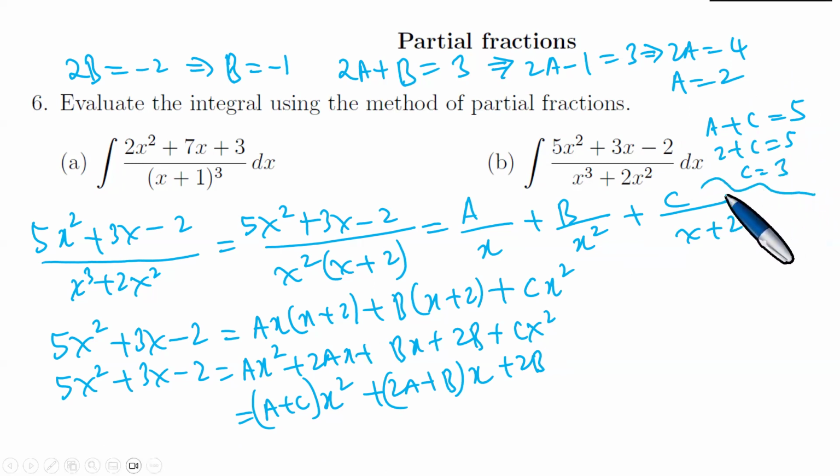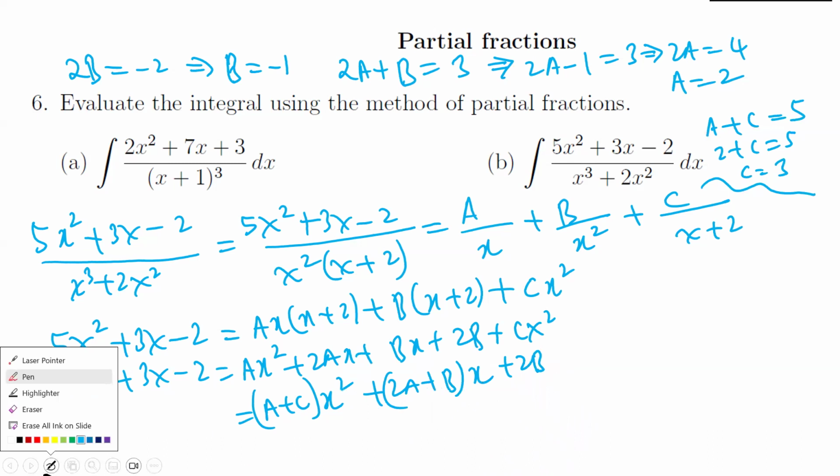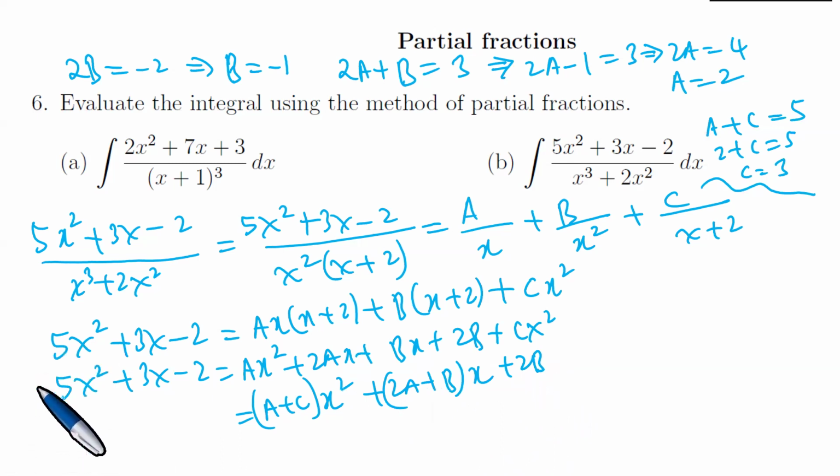So c is 3, this is -1, and a is what? A is 2.